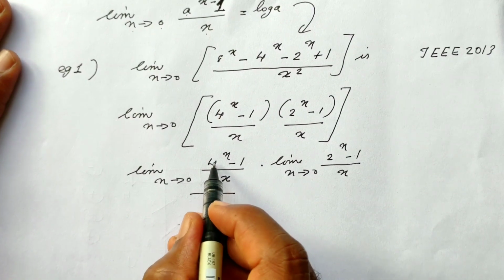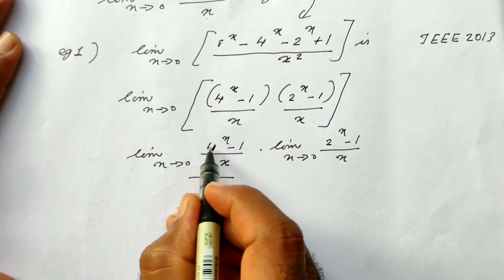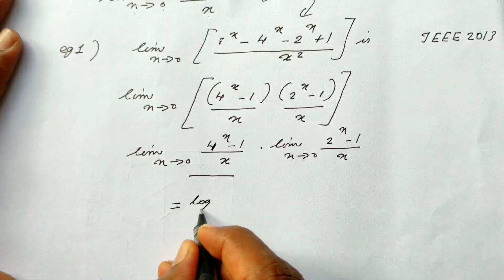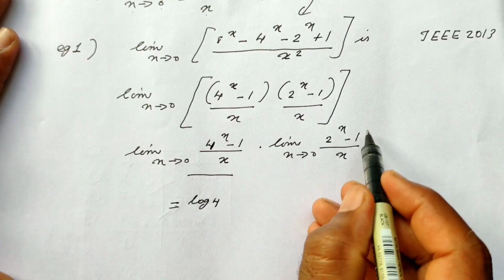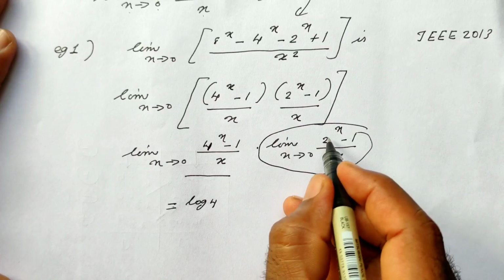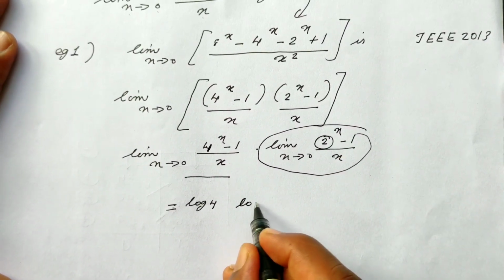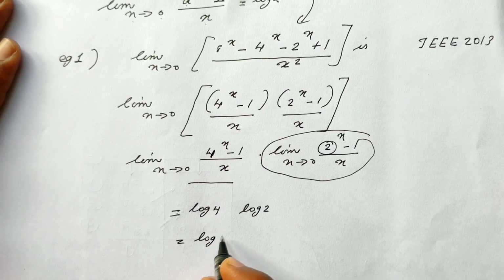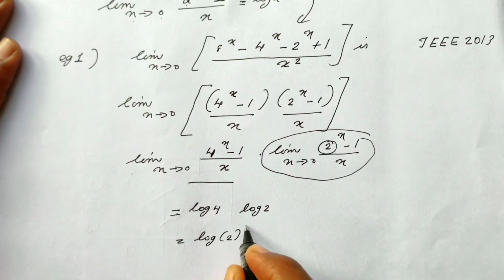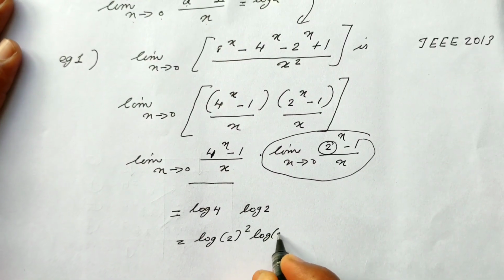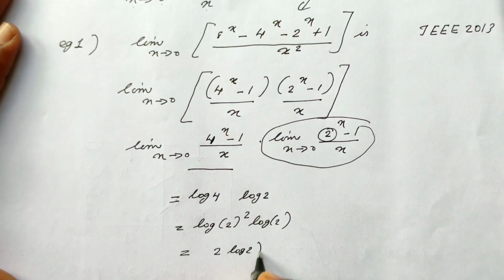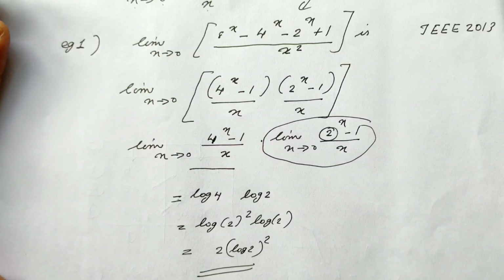So instead of a, here it is 4, therefore the answer for this limit is log 4, and the answer for this limit is log 2. Therefore the final answer is log 4 into log 2. The log 4 can be written as log 2 square, so the final answer is 2 into (log 2) the whole square.